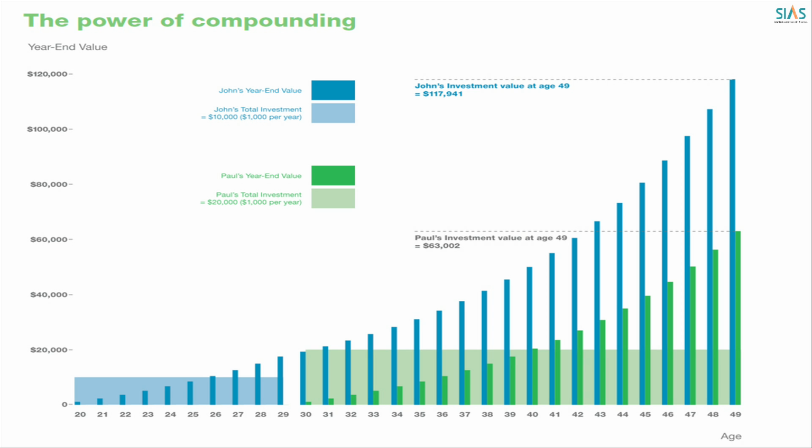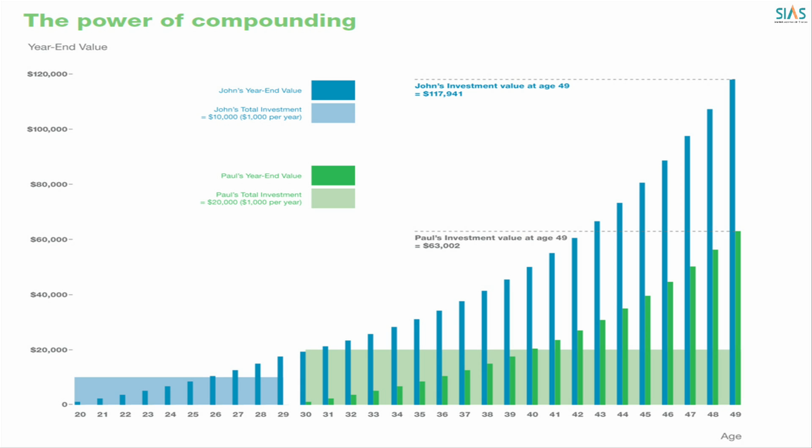In this example, we're talking about 2 persons, John and Paul. John starts at the age of 20. That's the little bars at the left side of this graphic. That's right. And he invests for a period of only 8 years. Paul started 10 years later at the age of 30, and he invests for a period of 20 years.